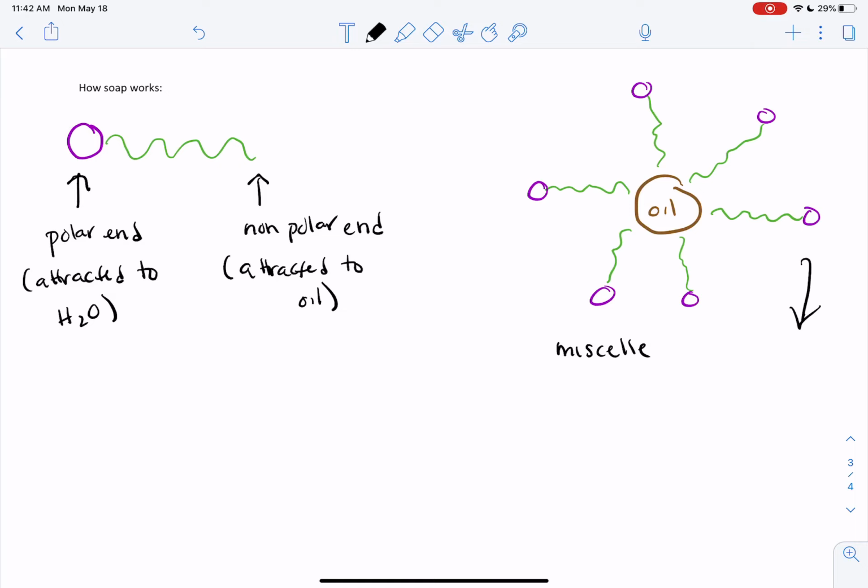Now, one last thing before we go, I want to talk about heterogeneous and homogeneous mixtures. Okay, so a homogeneous mixture is a mixture in which the substances are evenly mixed.